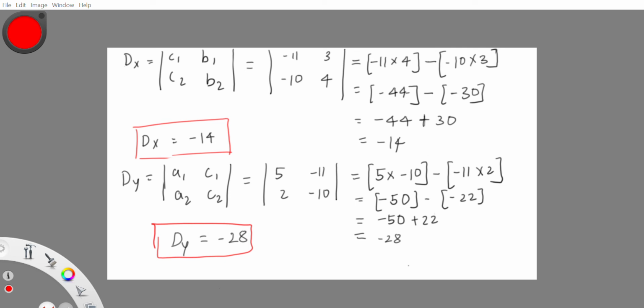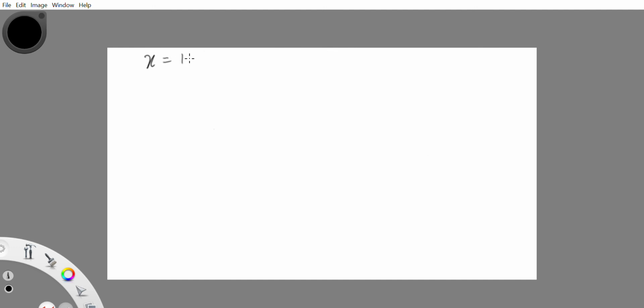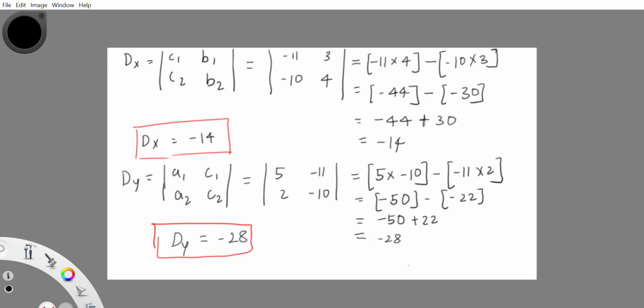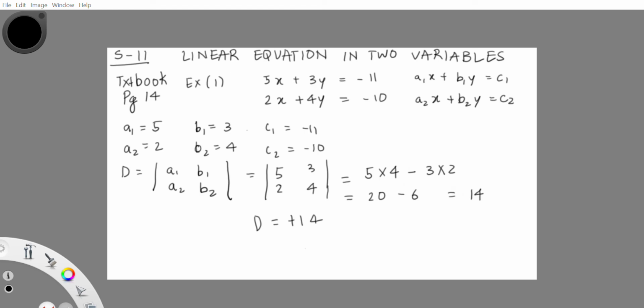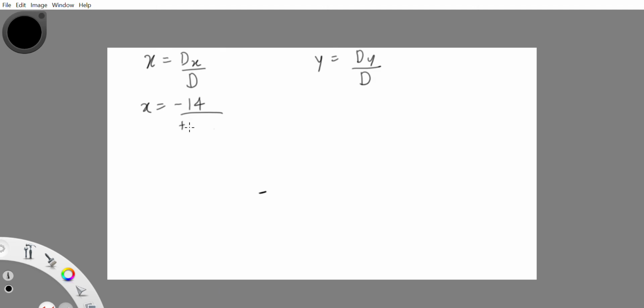Now, in order to calculate the x and y values, I have x is equal to Dx divided by D, and y is equal to Dy divided by D. X is equal to, my value for Dx is minus 14, so I have minus 14 divided by my value for D, which is plus 14.